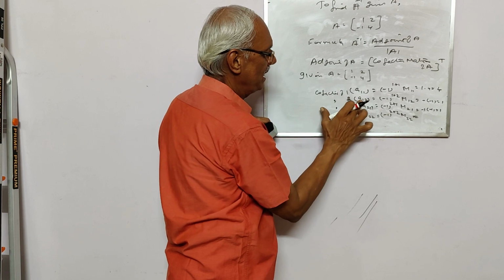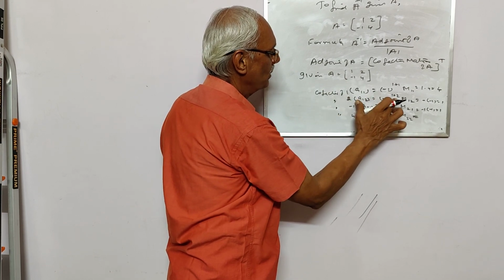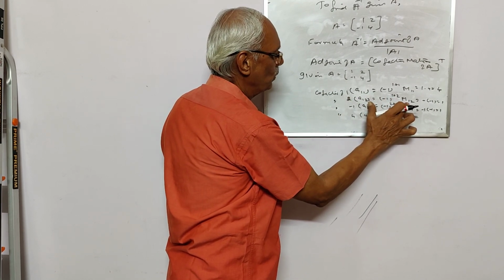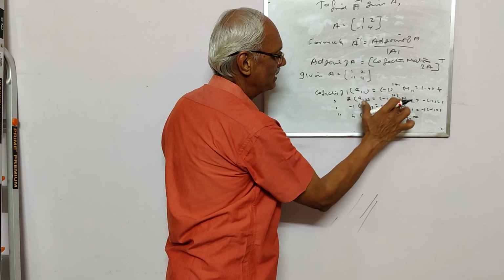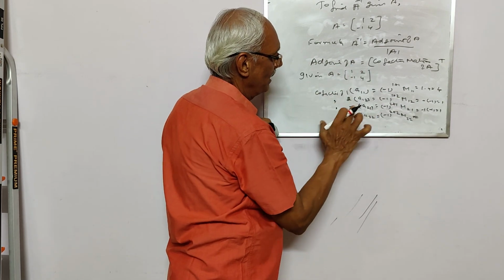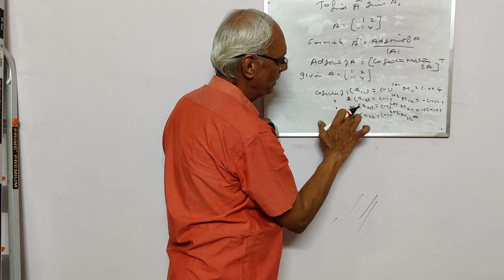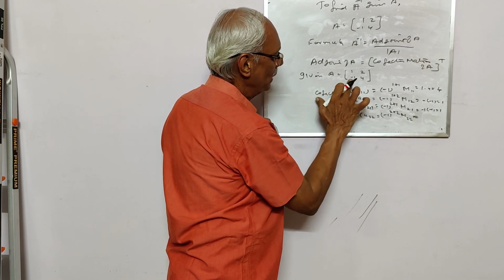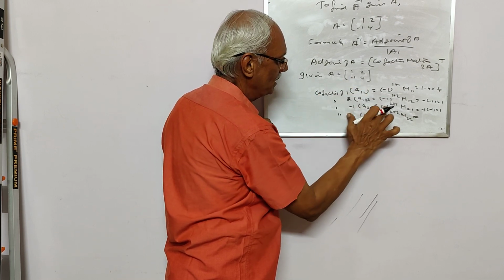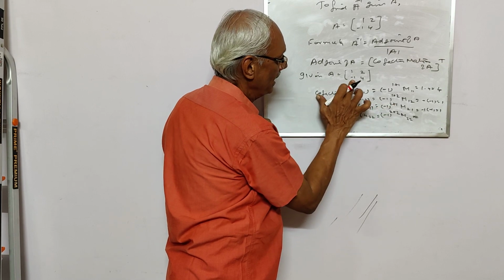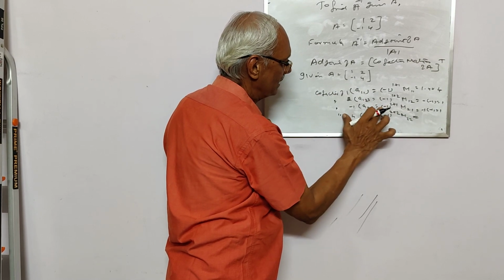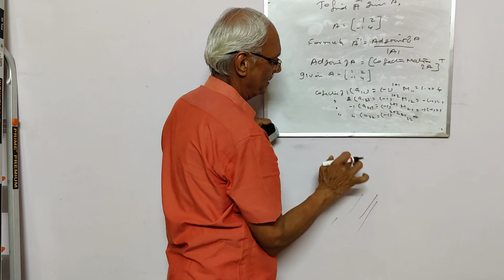Come to A12: minus 1 to the power of 3, M12 is minus 1, so minus into minus is plus. Come to A21: minus 1 to the power of 2 plus 1, here it is minus 1, so minus into minus is plus.